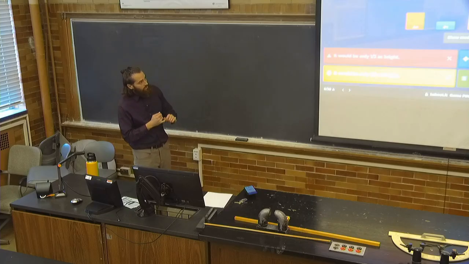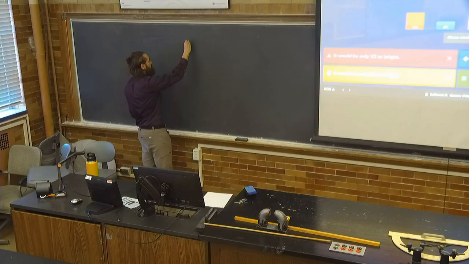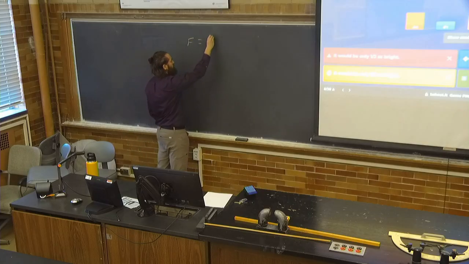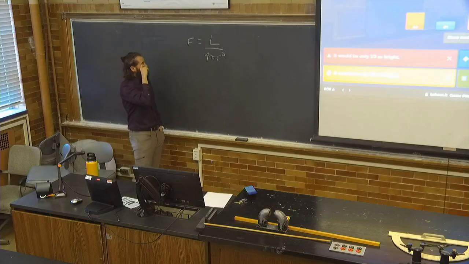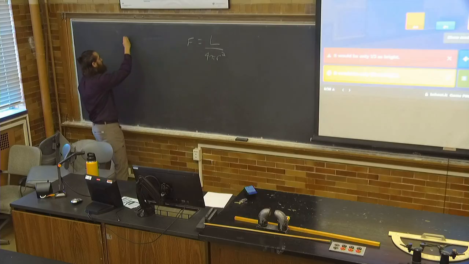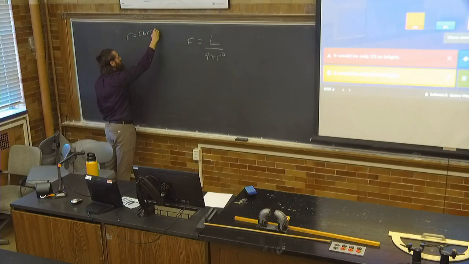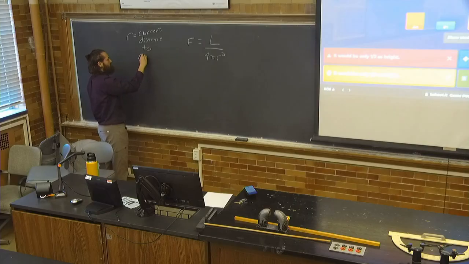And so what happens if it was 3 times farther away? So we said that brightness or flux is luminosity divided by 4 pi r squared. So we'll call R the current distance to Alpha Centauri.